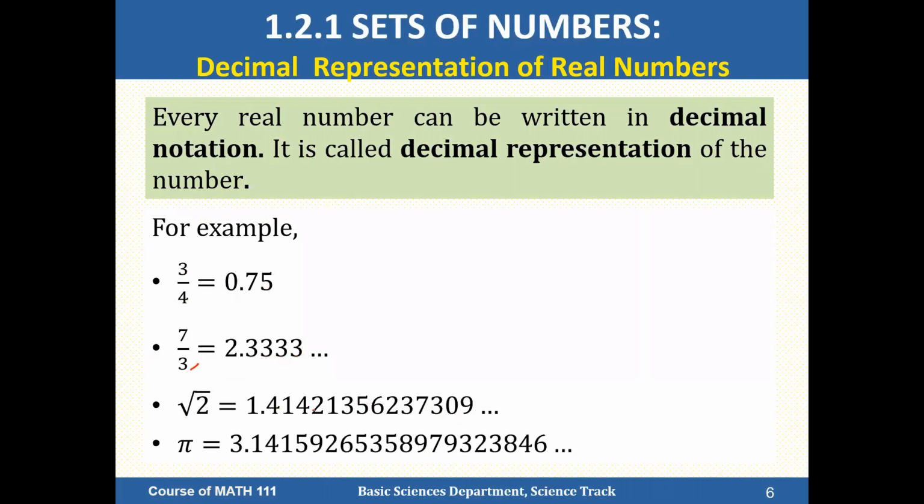Square root of 2, this is the decimal representation of square root of 2. And this is the decimal representation of pi. And this representation will help us to state whether a number is rational or irrational.